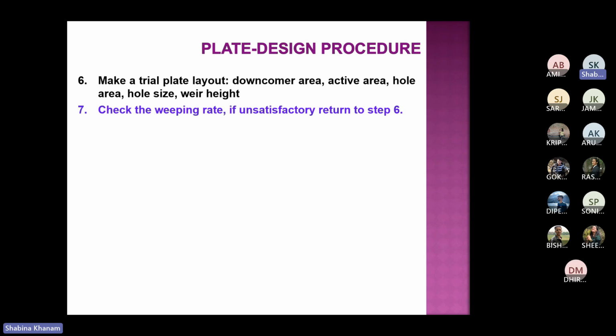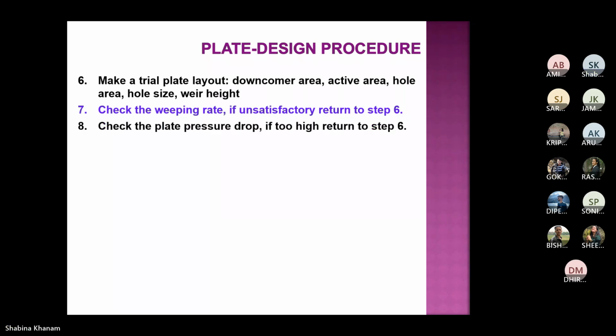So once I decide the plate layout, we can check for the weeping condition. If weeping condition is not satisfactory, we will return to step 6 and decide hole size and other parameters. How we should check the weeping condition, and what are the ways to mitigate that, we will discuss. Now then we will check the plate pressure drop.